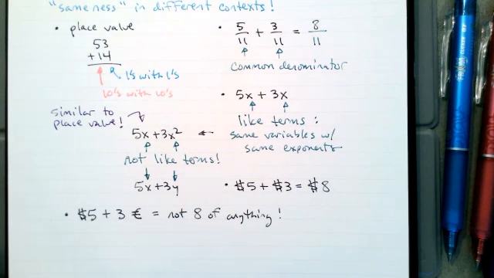So the 5 plus 3 doesn't mean anything in this context. Now, some of you did point out, if I have 5 dollar coins and 3 one euro coins, we could have 8 coins. And that was very good. I like that one. That was a nice little turnaround. You turned that one around on me. But as it stands, $5 plus €3, we wouldn't have 8 of any currency.